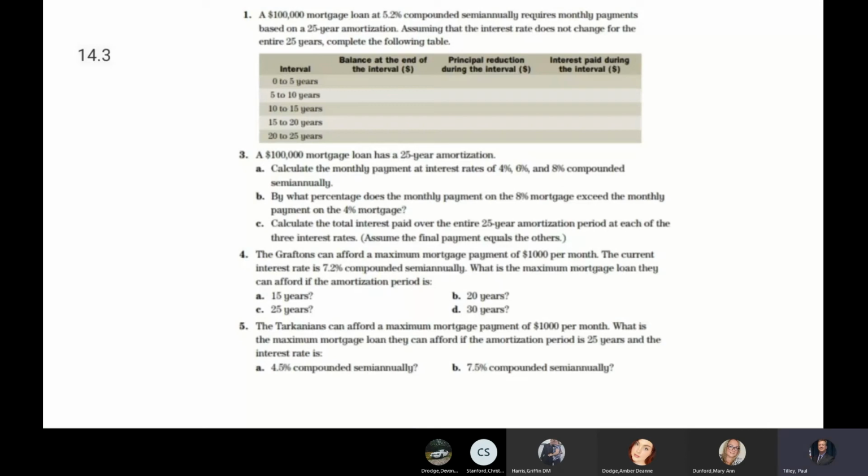Then, seeing that it's a monthly payment and the compounding is semi-annual, we know that it's an ordinary general annuity, so we're going to calculate the value of C. To calculate the value of C, we got 2 over 12, which is 0.16 repeating.